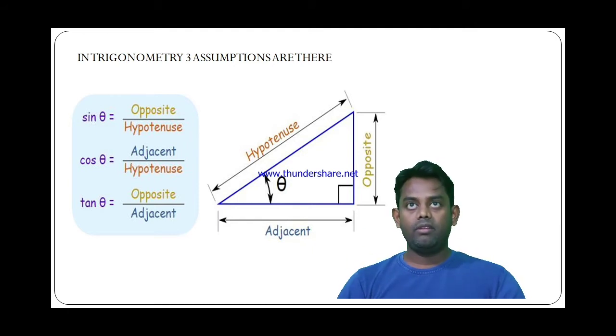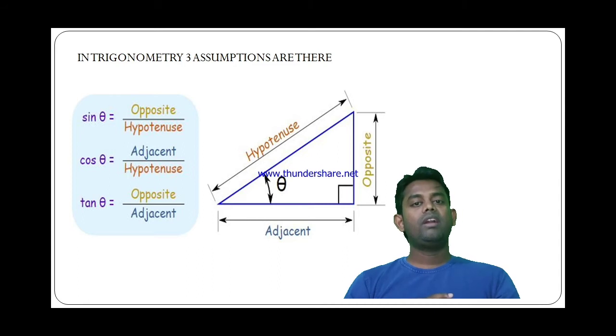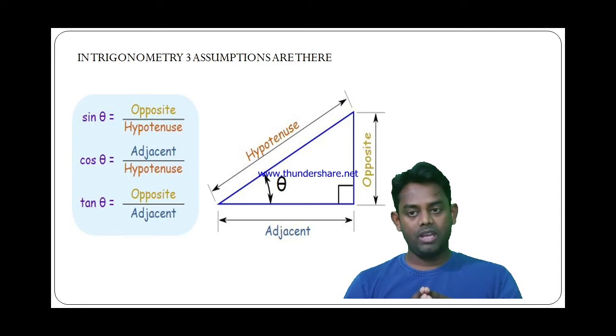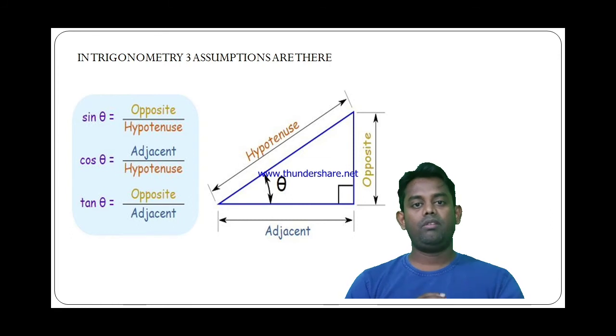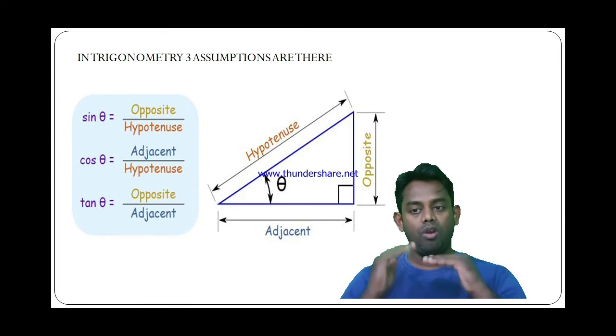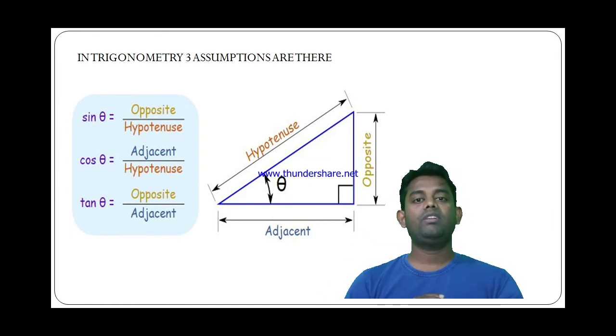In trigonometry, we normally used to take three assumptions, that is sine theta, cos theta and tan theta. Theta is basically variable angle, and sine theta is the ratio of opposite side upon hypotenuse.